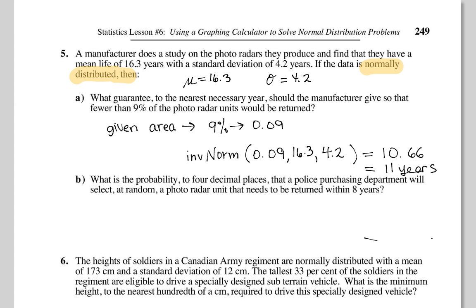So they're saying that the average radar detector lasts for about 16 years. The calculation shows us that about 9% of those photo radar equipment would only last about 11 years. About 9% will last about 11 years.